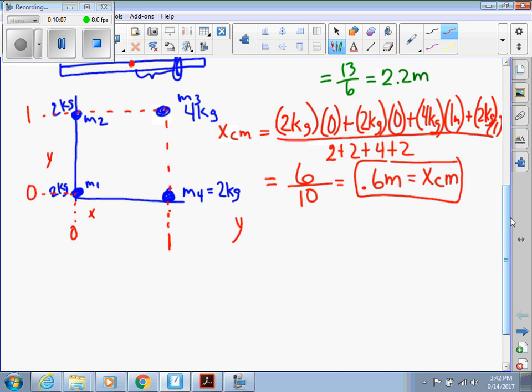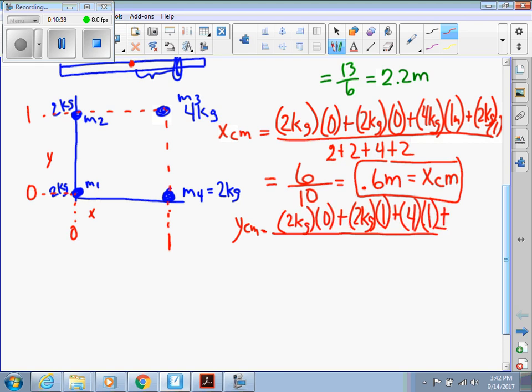Vertically, the first mass has a mass of 2 kilograms and a position of 0. The second mass also has a 2 kilogram mass, but it's at 1 meter on the y-axis. The next one, mass number 3, has a mass of 4 and a position of 1, and the last one has a mass of 2 but a position of 0 on the y-axis.